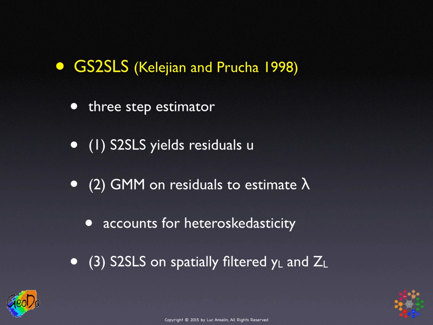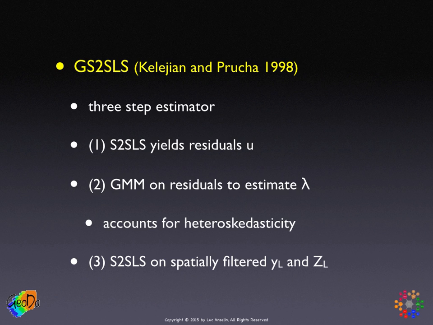Then we plug these residuals into our GMM procedure to get not only a consistent estimate, but also an efficient estimate for the lambda parameter. This allows for heteroskedasticity in very general terms, the types of equations that we discussed just previously. And then the third step is again spatial two-stage least squares, or S2SLS, on the spatially filtered y and z variables. So three steps.